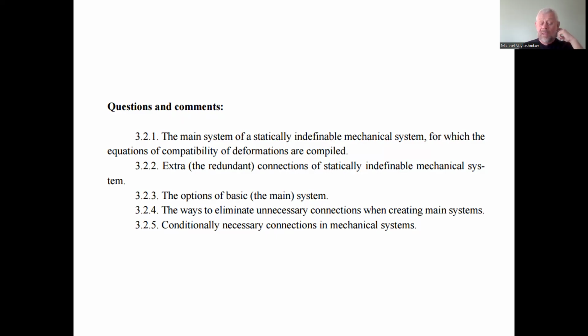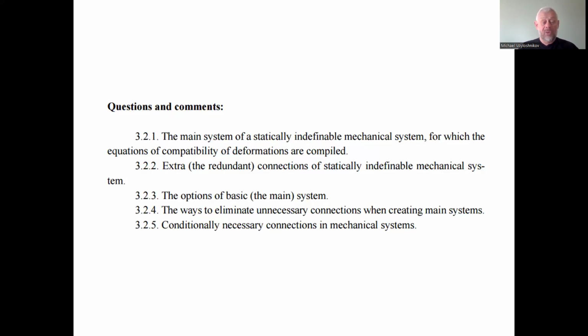It depends exactly on the degree of static indefinability of the assigned system. The greater the static indefinability, the more options of the main system there can be. But we must be careful not to make a main system with the hinges on the same straight line, because despite the fact that such a system could be statically definable, due to the properties of the location of hinges on the same straight line, it can be instantly changeable.